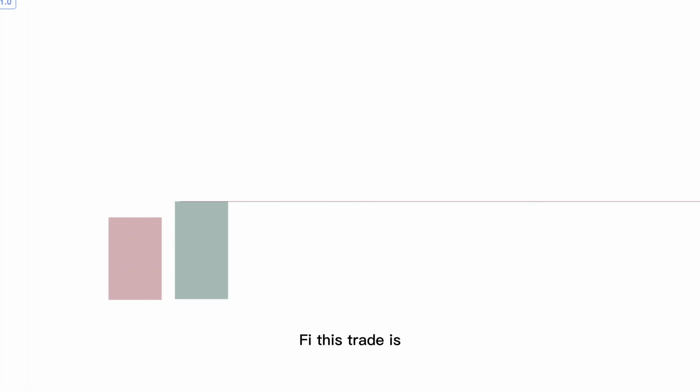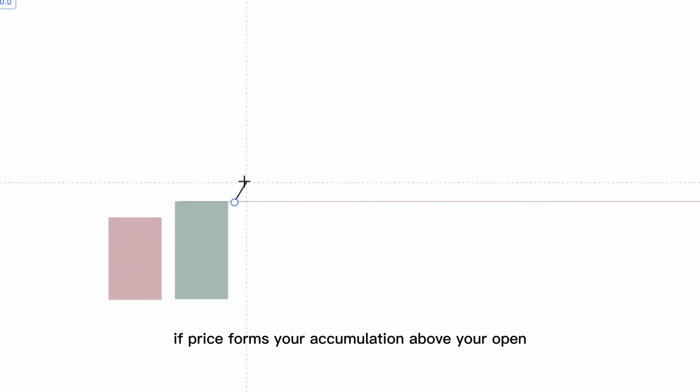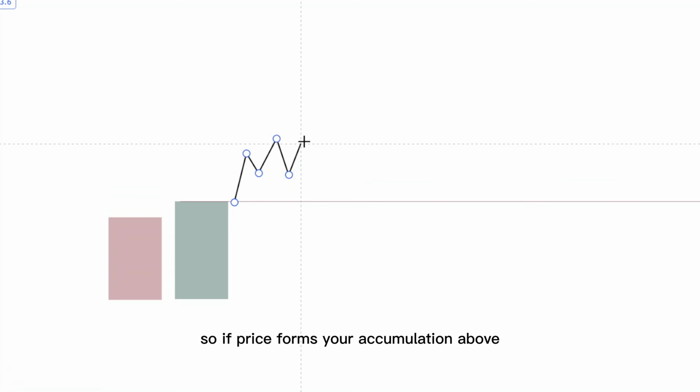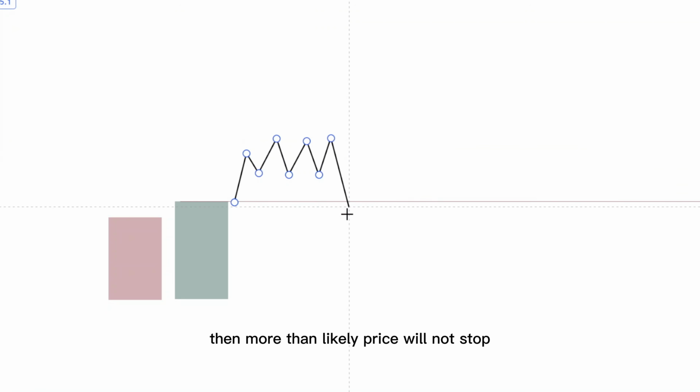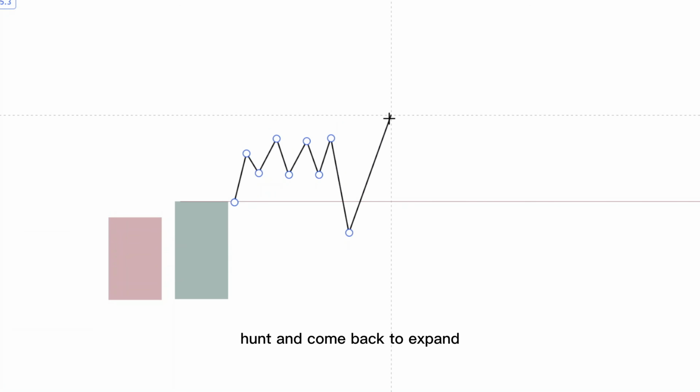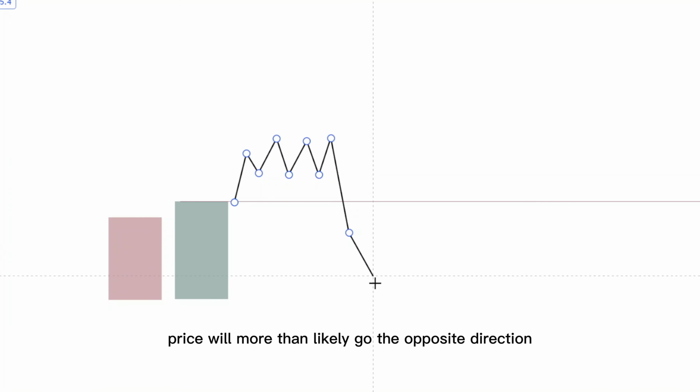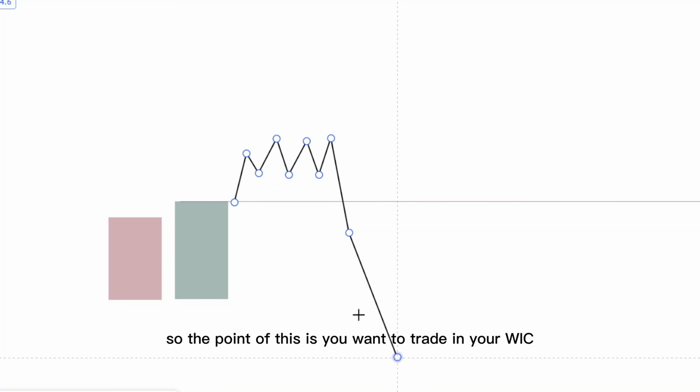This trade is if price forms your accumulation above your open. So if price forms your accumulation above your daily open, then more than likely price will not stop hunt and come back to expand. Price will more than likely go the opposite direction. So the point of this is you want to trade in your wick.